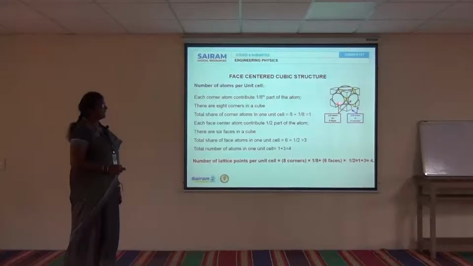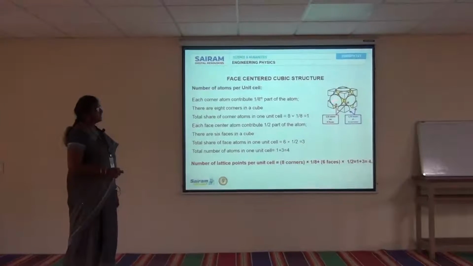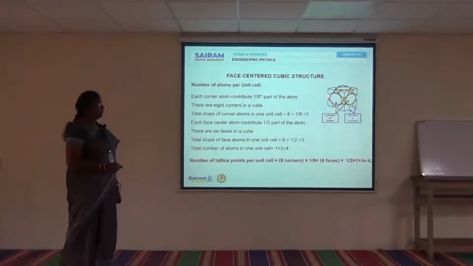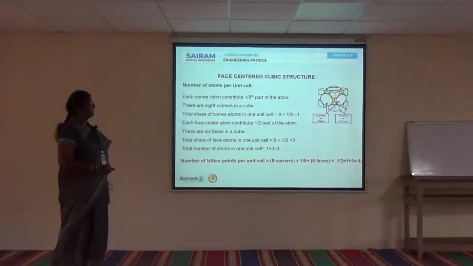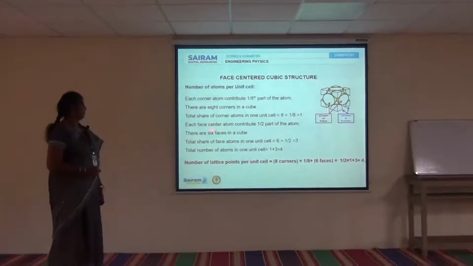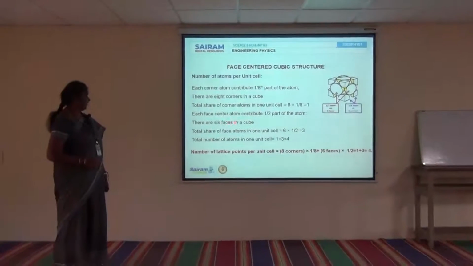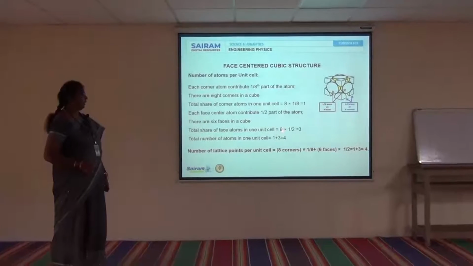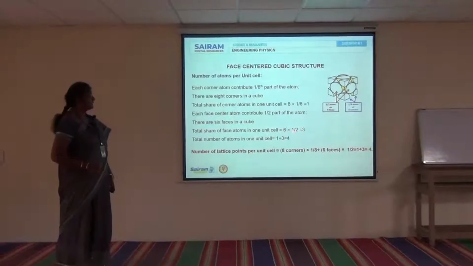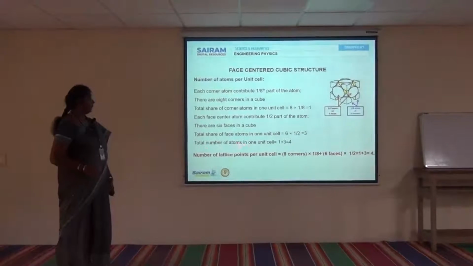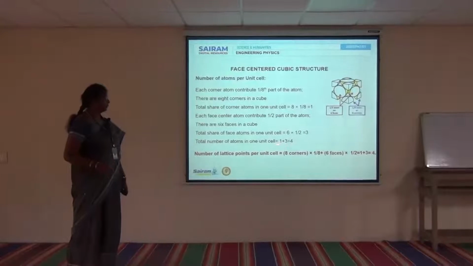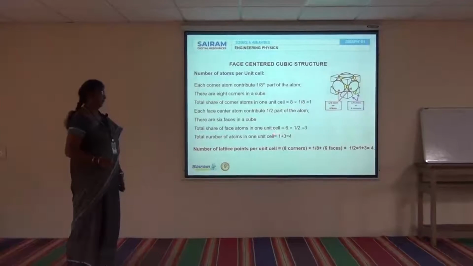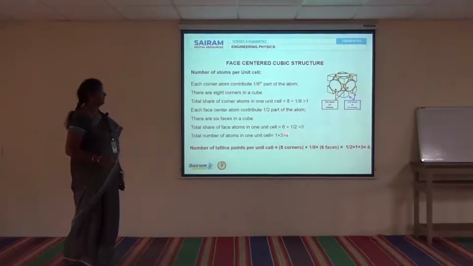And you can see in this diagram, this face-centered atom is shared by 2 unit cells. So the contribution of a face-centered atom to a unit cell is 1 by 2. As you have 6 faces, and in each face 1 atom, we get 6 into 1 by 2, which is 3. So the number of atoms in one unit cell is equal to 1 plus 3: 1 from corner atoms and 3 from face-centered atoms.